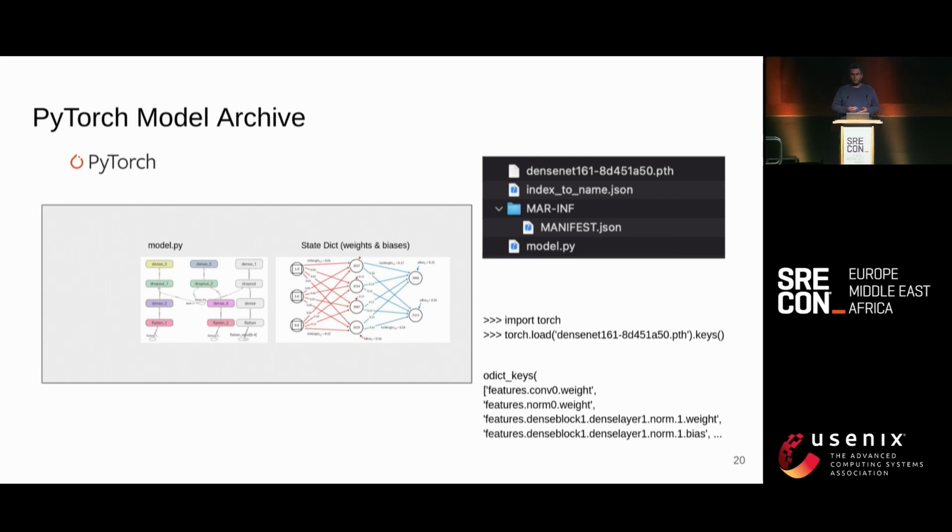The same way we've been doing WAR files in application deployment, we now have MAR files, which is the model archive, and we can store it in a representation like this. The PTH file is the equivalent of the model file of TensorFlow. The difference is that it's using an ordered dictionary to store the keys.